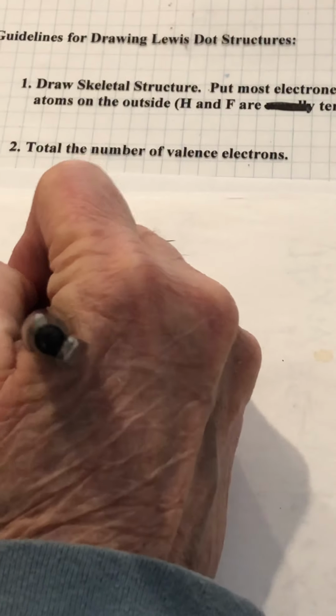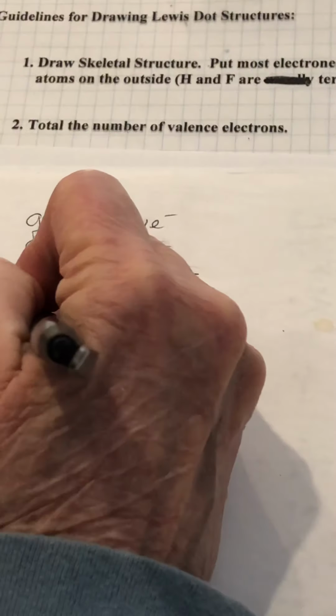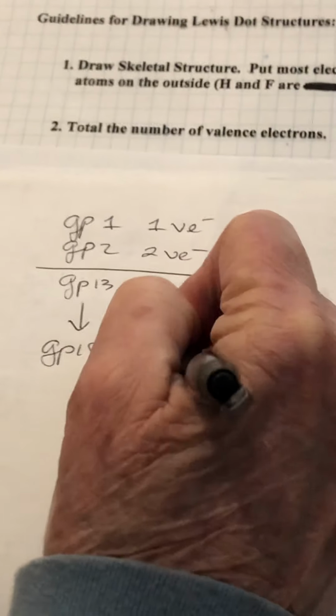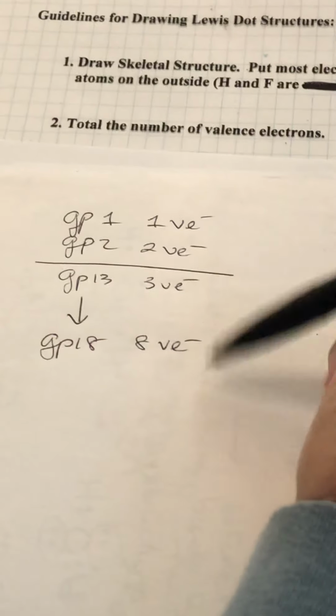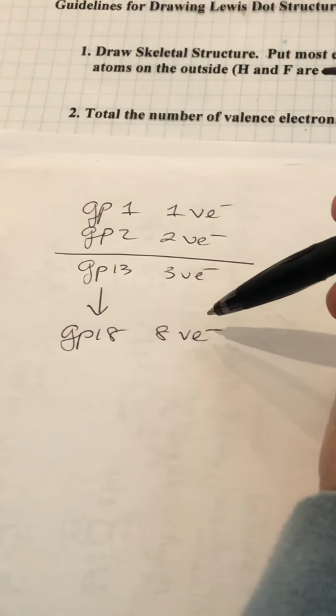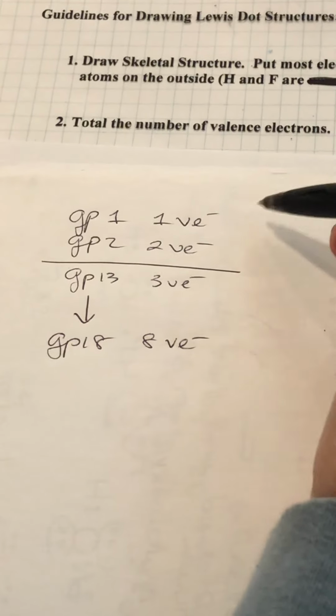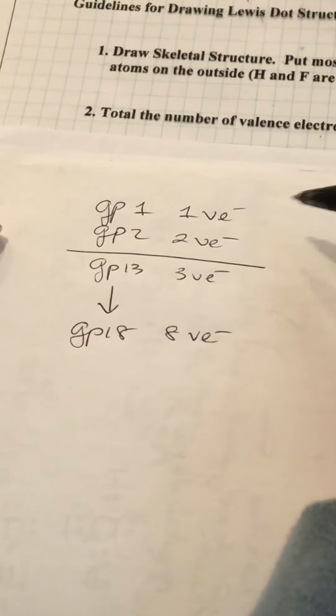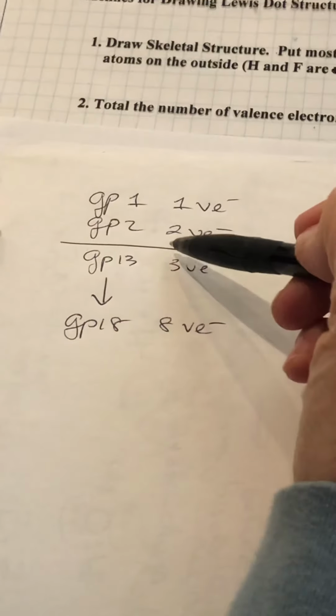We skip across to group 13 with 3 valence electrons, all the way down to group 18, which is going to have 8 valence electrons. You saw that on the first little video and the first handout that's in Google Classroom. So this is how you do the valence electrons.